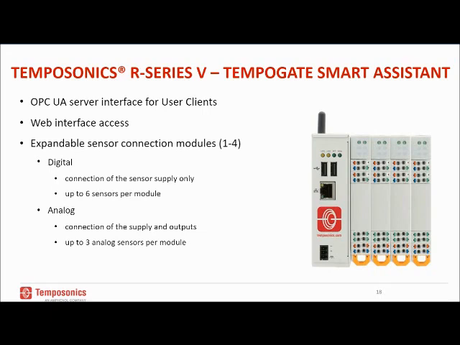And so the channels, or the sensors, if you will, that we can connect to this would be either of the digital type, which that particular module allows us to connect up to 6 digital sensors. And if it's an analog type input, we allow up to 3 per module. And that's just because we do some active filtering on the analog channels to make sure the data is pretty clean. Okay.